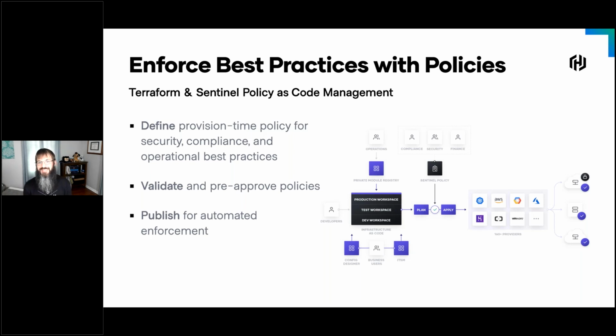And the best part about this is that it's all built into the workflow, so it's automatic right off the bat. And especially if it passes the policies, it goes right on to the apply. No issues there. And then we can also start including pieces from all the providers that are out there. So we're not sticking specifically to our baseline Terraform code. We can do this against our provider configurations as well.